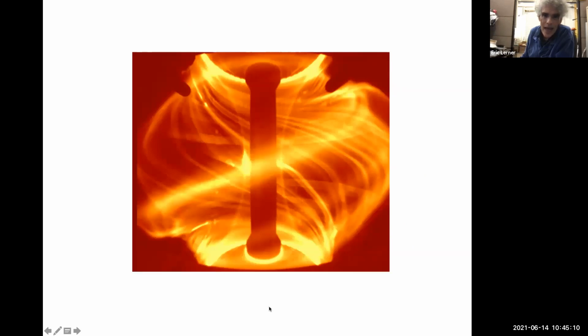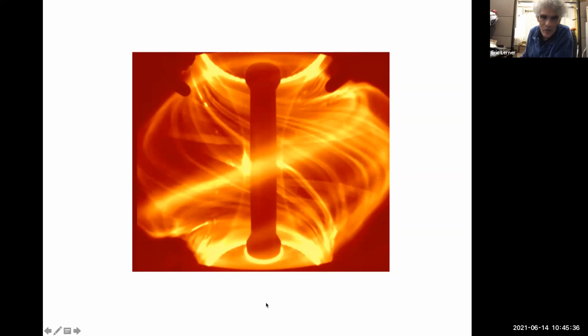So I couldn't resist adding this. I got this on the internet this morning. This is an image from the tokamak MAST, M-A-S-T, in the UK, which shows their bugaboo, the ELM, which of course is nothing more than a filamentation instability.